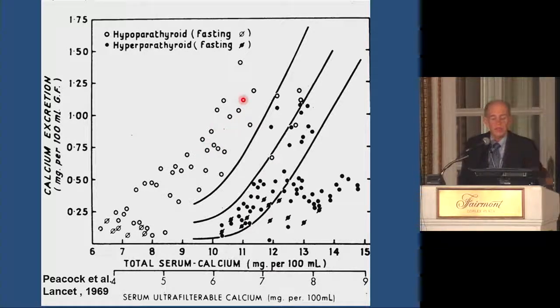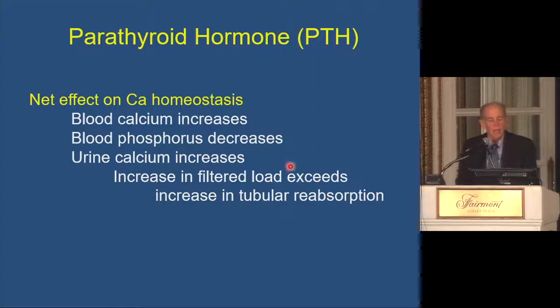You get hypercalciuric. Same thing happens with high PTH because as you infuse calcium, the filtered load of calcium exceeds the ability of the high PTH to reabsorb calcium, so you get even more hypercalcemia, but you also get some hypercalciuria. Think about this diagram. If you understand it, you understand PTH.